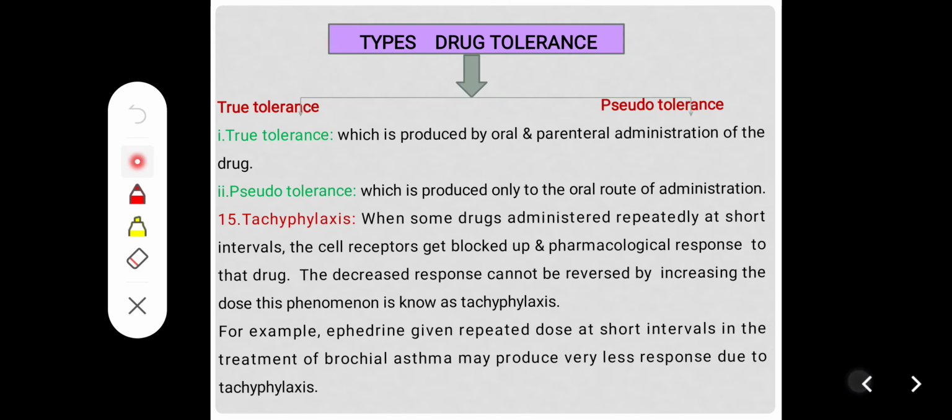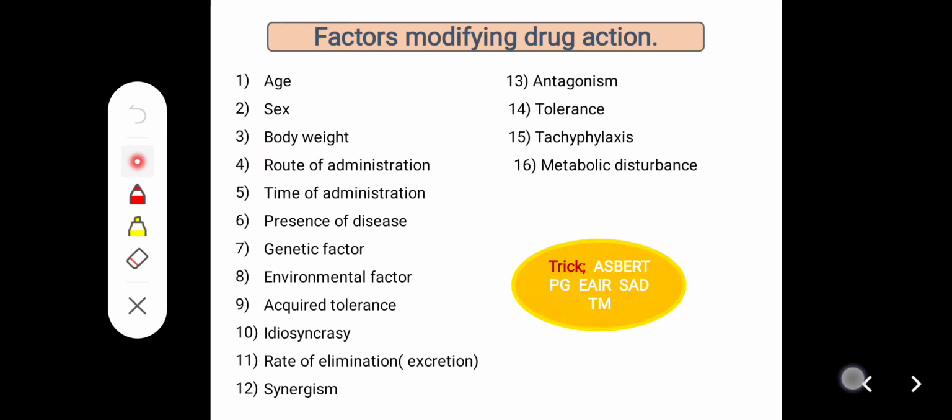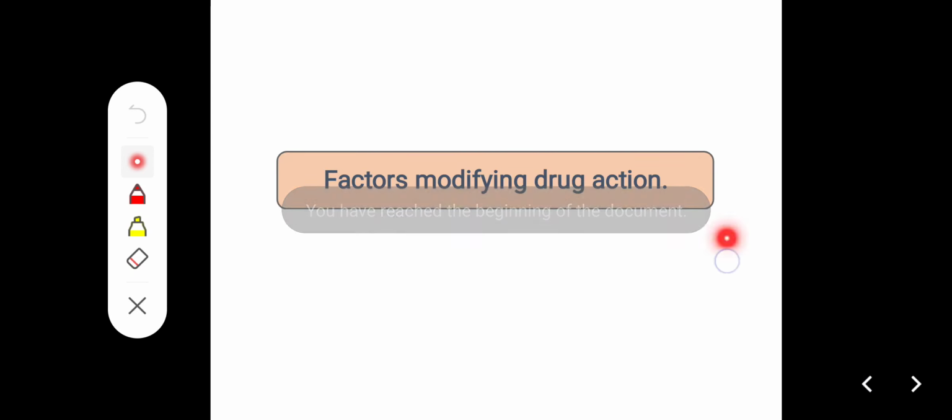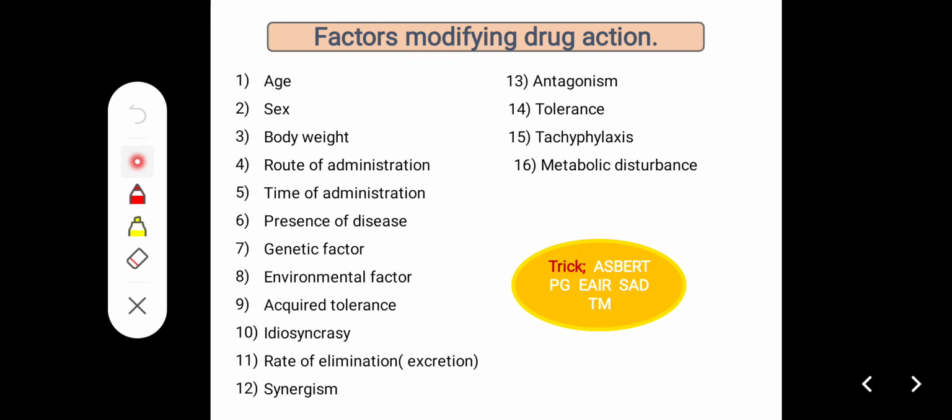So in this section we learned about factors modifying drug actions. There are a number of factors, so how to remember them? One trick developed is ASBERT PZ EAR SAT team. You have to remember these initial letters to recall the overall factors.